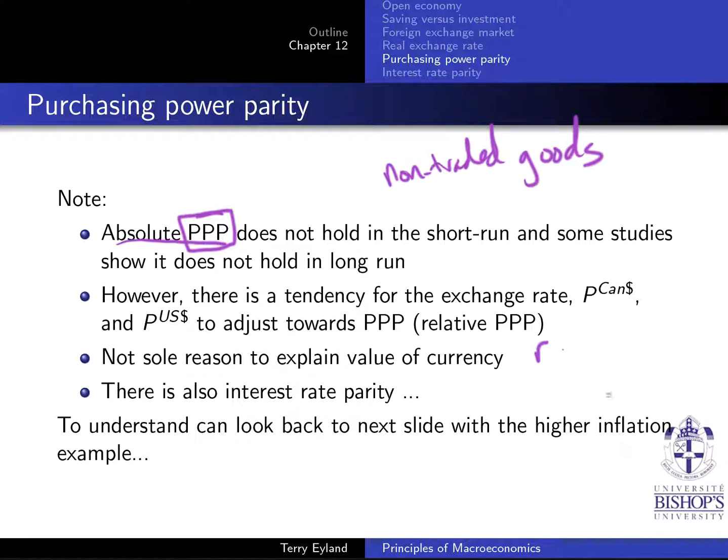There's a slide on that, a question on that. If you have higher inflation, think of that Germany example that was used: their currency lost a lot of value throughout that process. So there are different things that explain the value of a currency and how it changes. We're going to move on to interest rate parity next.